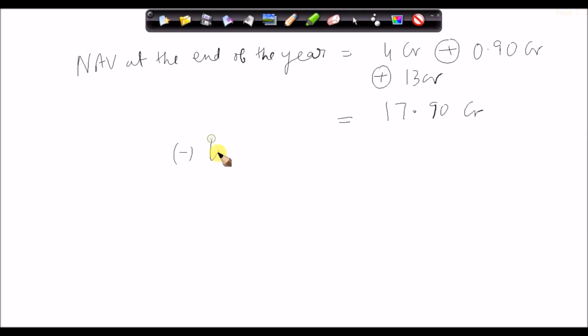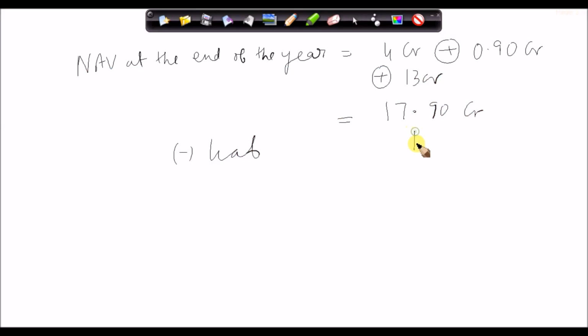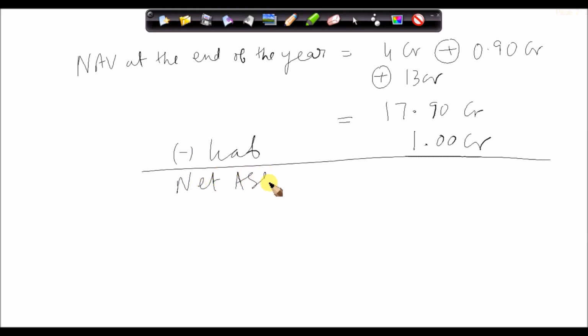Then we have our liabilities, and the outstanding liabilities at the end of the year is 1 crore. So from this we are going to subtract 1 crore. So right now we are going to have our net assets, which will be 16.90 crore.